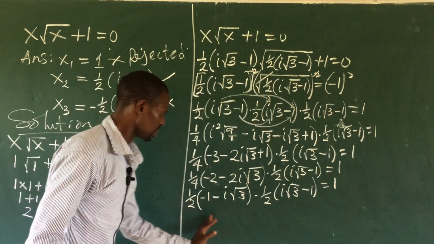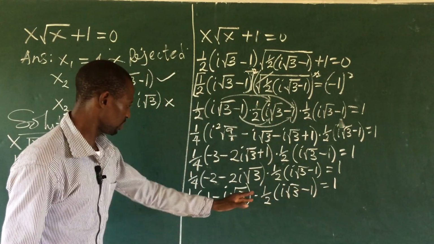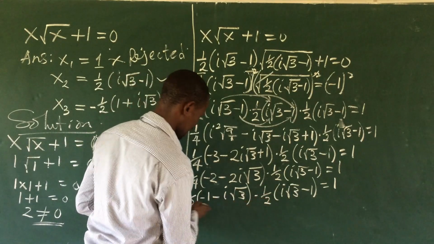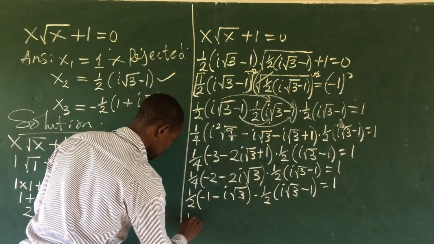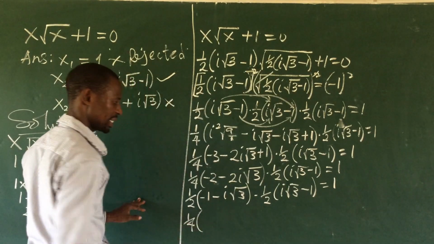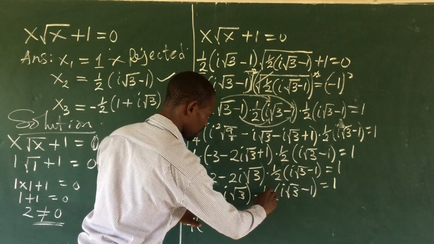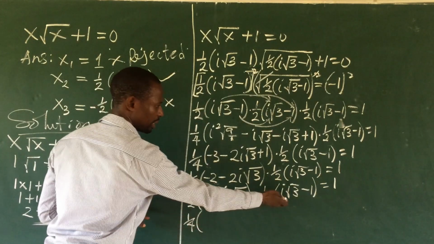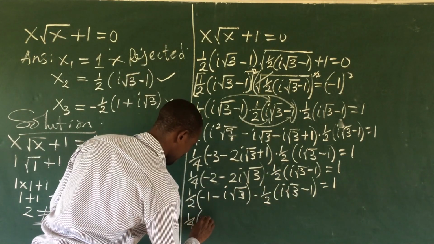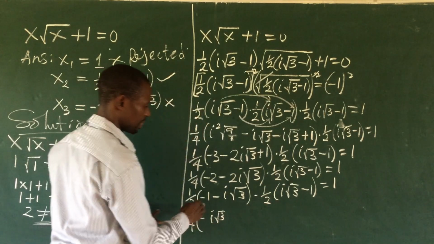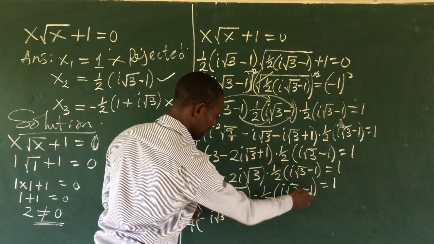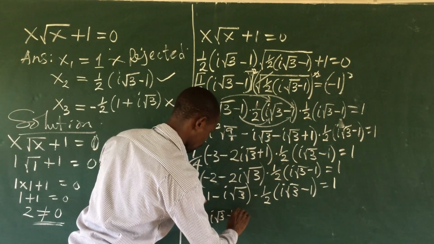So again, we use this to open up this. So if we do that, we bring out this and this out first. So this will give us here 1 all over 4 bracket minus 1 times your i root 3 will give us minus i root 3. Then minus 1 times minus 1 will give us plus 1.